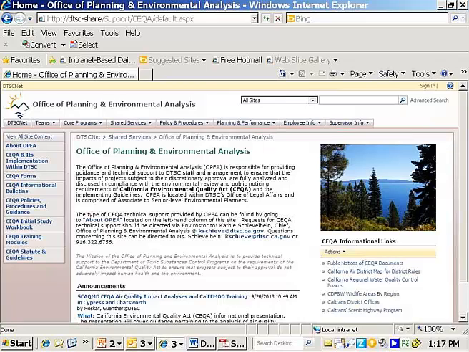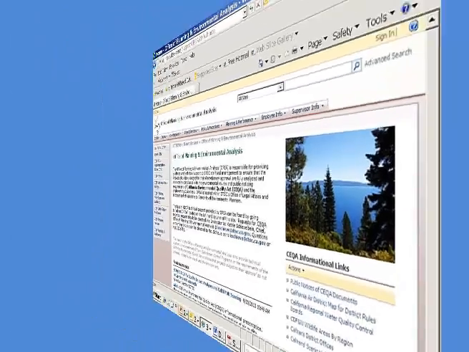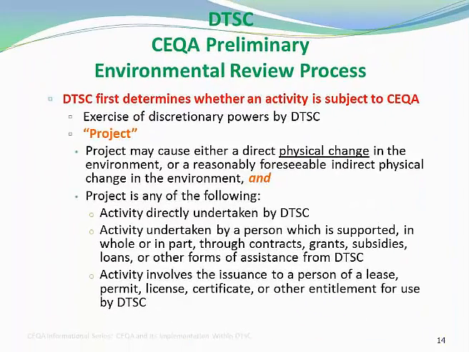Do we have any other questions, John? There's some crosstalk. Please ask the presenter to confirm that slide 14 notes that the CEQA analyses are required only for work done by DTSC and DTSC contractors, not for cleanup program work undertaken by PRPs.